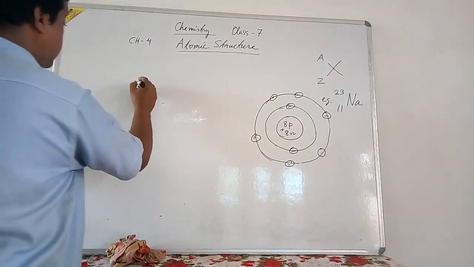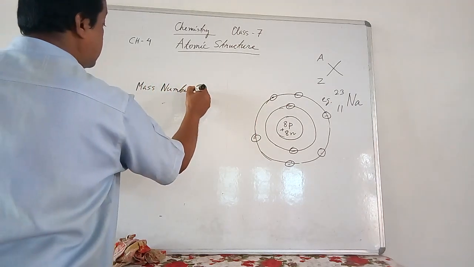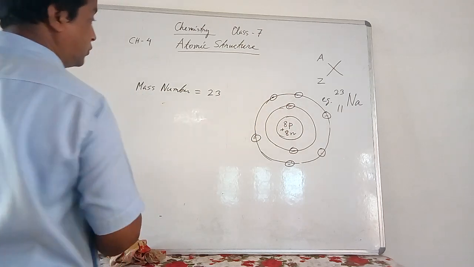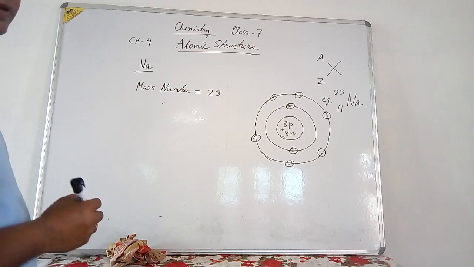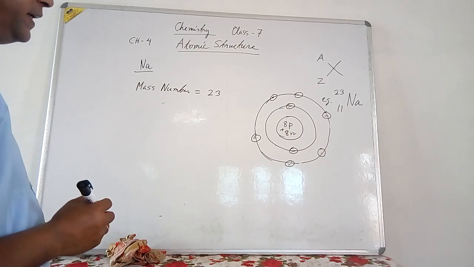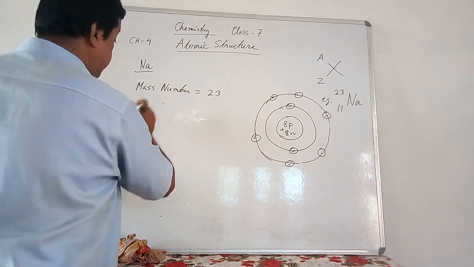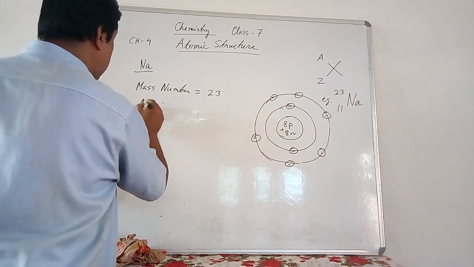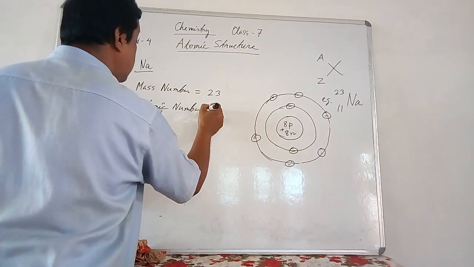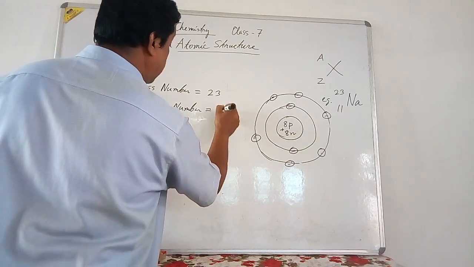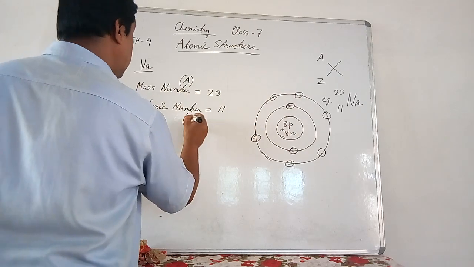So mass number equals 23 for sodium. The symbol of sodium is Na, coming from the Latin name natrium. Then atomic number is equal to 11. So actually this is A and this is Z.